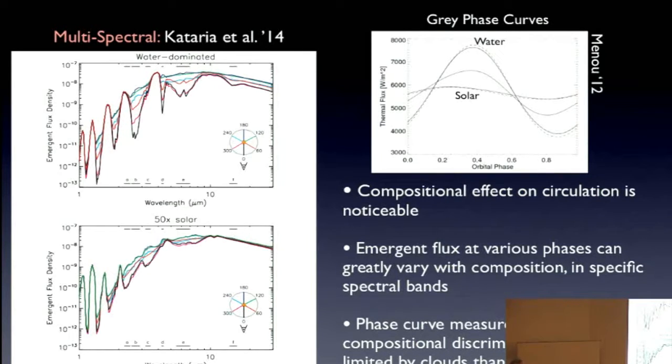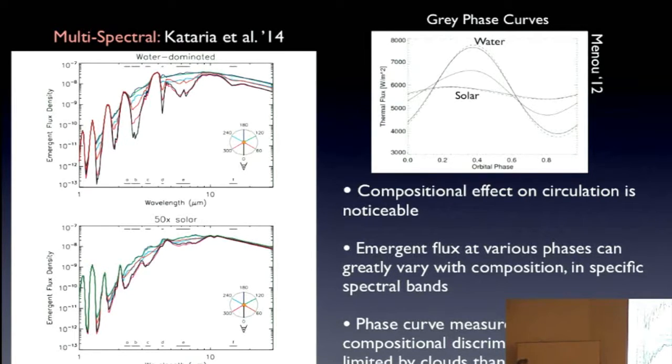So for instance, their plot, there's a lot of information in this plot. But I can maybe point to this band here, which I guess is 4.5 micron. Okay, so let's focus on this one here.